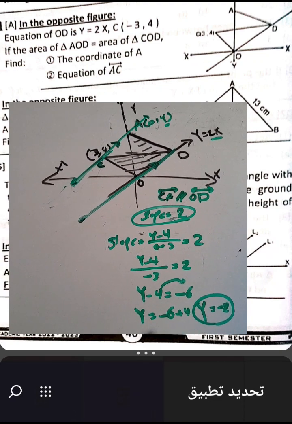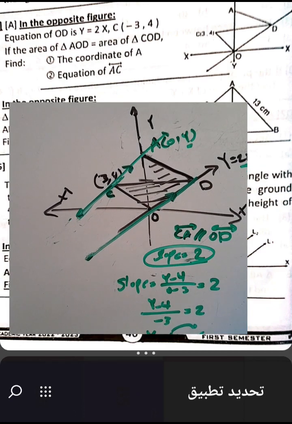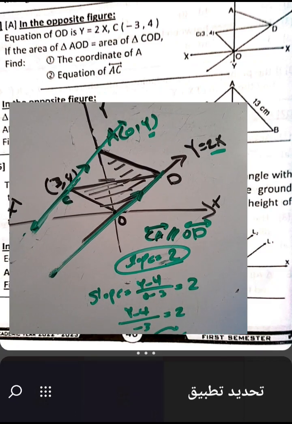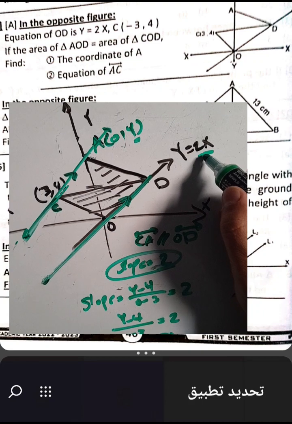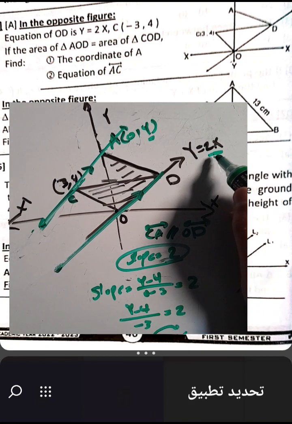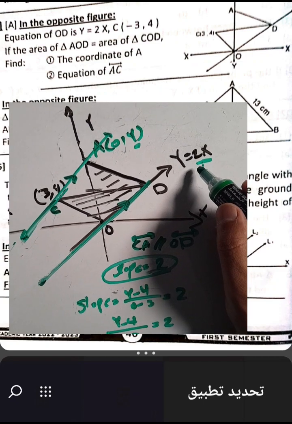Okay, and then we can find the coordinates. Again, we can find the slope with this example. We have here 0 and y, and the slope here will be 2. The straight line y equals 2x is the equation of the straight line here.